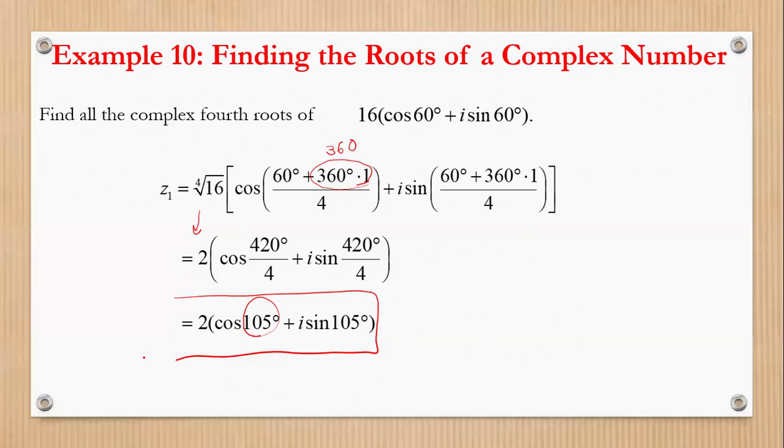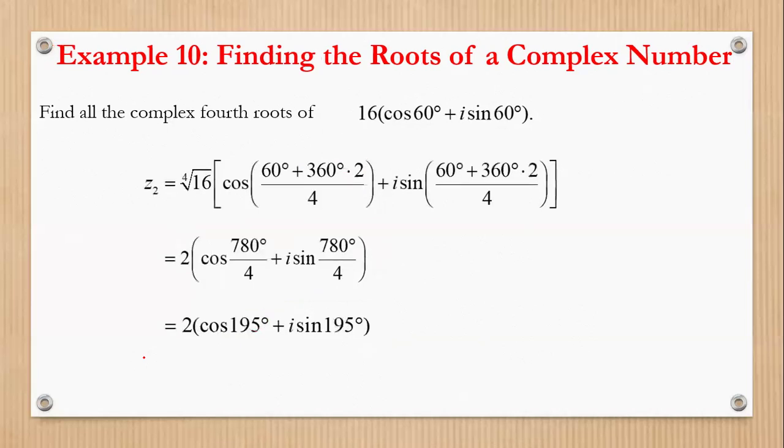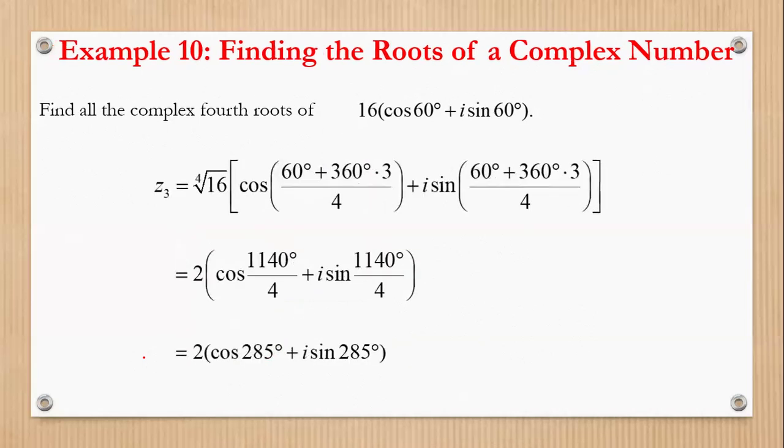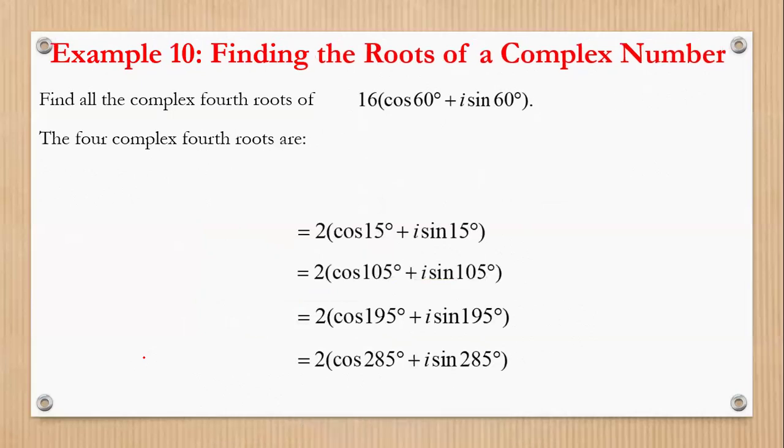Then we replace k by 2, replace k by 3. Now we have all sets of all fourth roots. So we have 4 complex fourth roots, and these are the solutions. If they ask you to find fifth root, you will have 5 answers. If they ask you to find sixth root, you will have 6 answers, 6 different sets of answers.